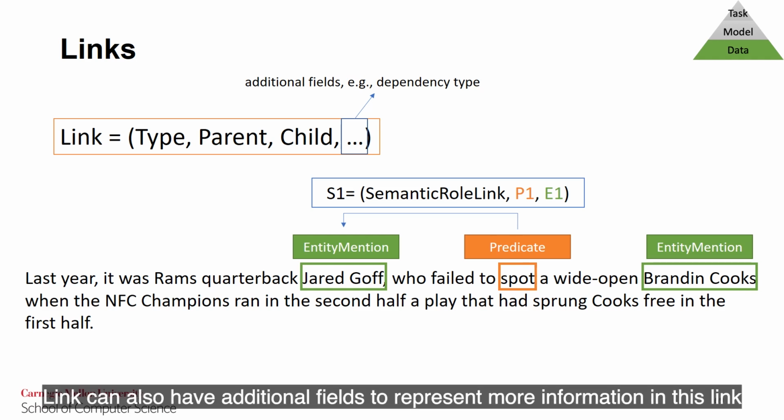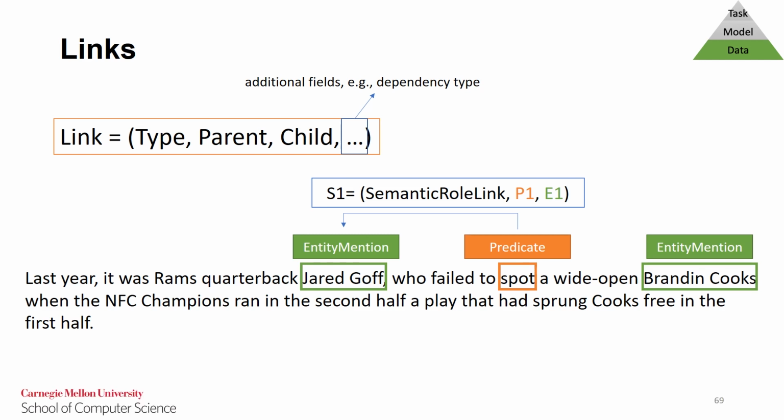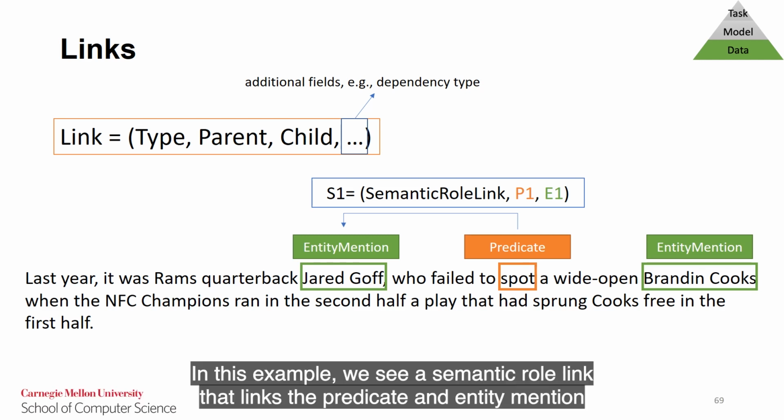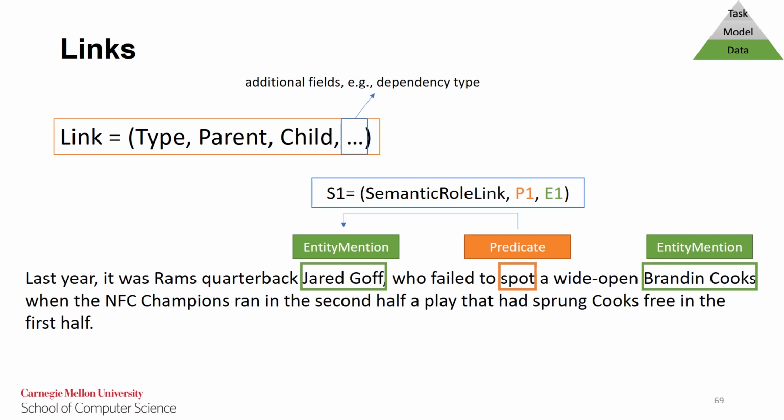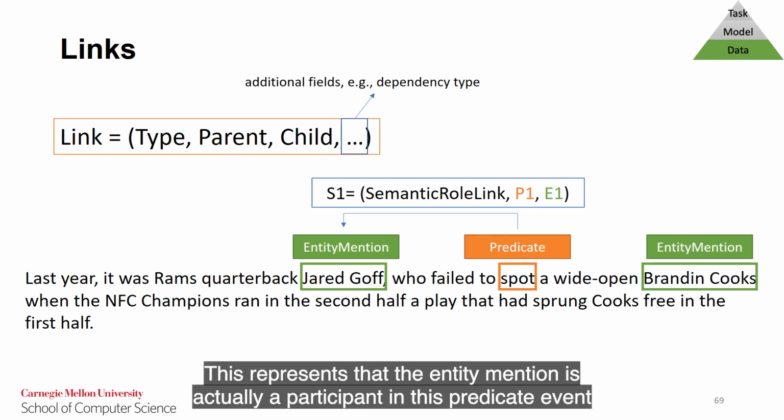A link can also have additional fields to represent more information about this link. In this example, we see a semantic role link that links the predicate and the entity mention.